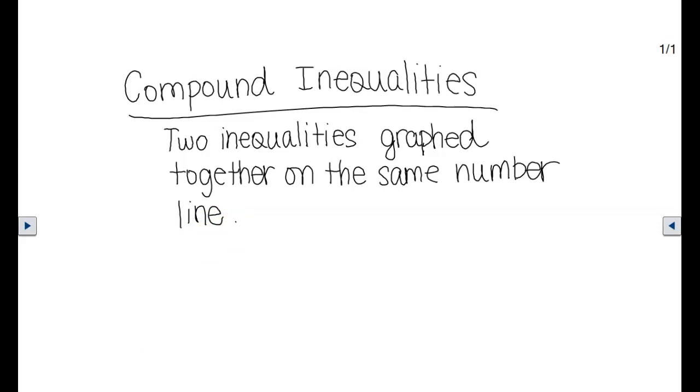So we have a compound inequality anytime we are asked to graph two inequalities together on the same number line.